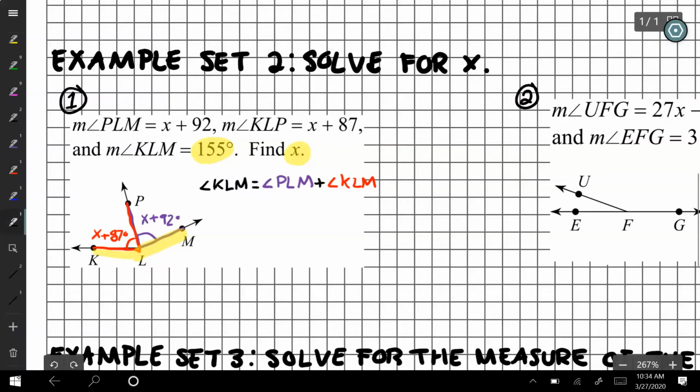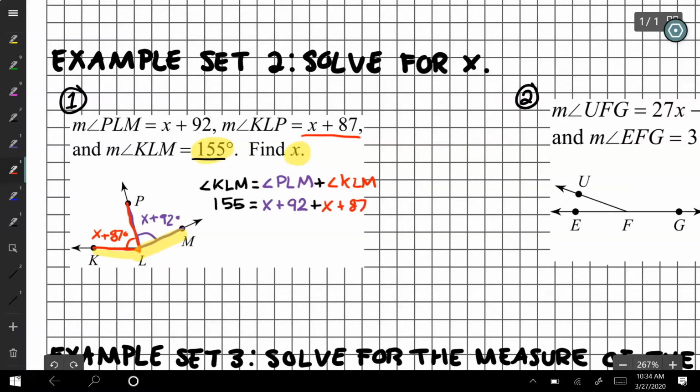So I know that KLM is 155 degrees. I know that PLM is represented by x plus 92. I'm going to bring down that plus sign. And I know that angle KLP is represented by the expression x plus 87.